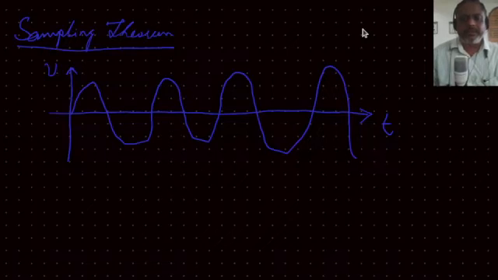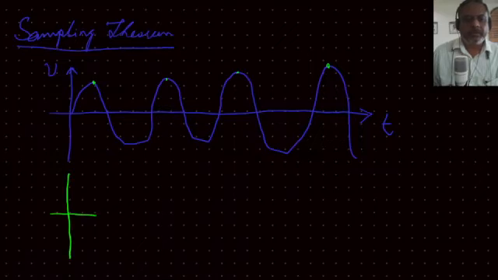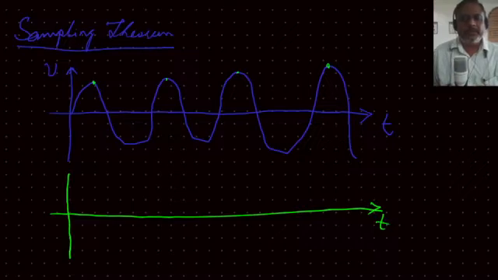It can be anywhere, but it has to meet some requirements. Let's first assume that our samples for this input, which is a continuous domain system, are taken at these points, only on the peaks. This curve is not known to us.